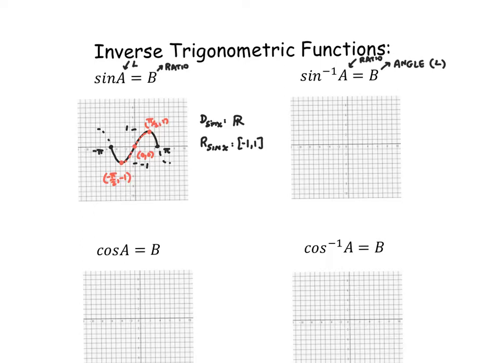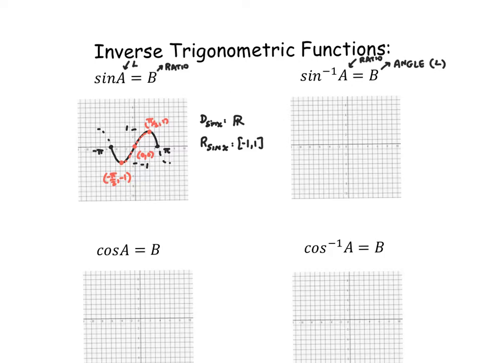As we know with inverses, the domains and ranges switch. Now, because we don't want the range of inverse sine to be all real numbers, because then it wouldn't pass the vertical line test, we restrict it. So let's sketch the red portion of sine plotted on the inverse sine graph. We're going to take each of these 3 points in red and flip-flop them. We're going to flip the x value and the y value.